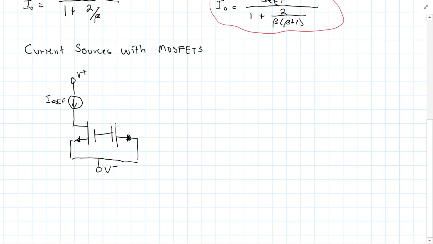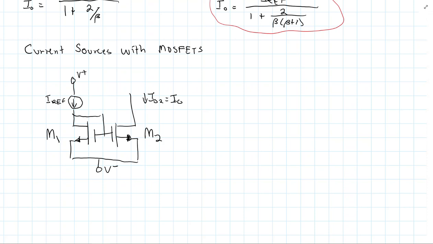V minus. And then we'll call this still M1 and M2, and this is ID2, which is the I out that we're looking for. And one last thing here, of course, just like we did before, we're going to tie the gate and drain together on the one transistor.